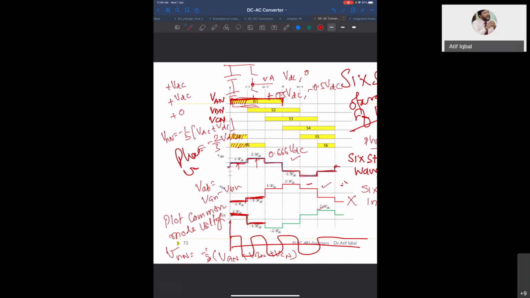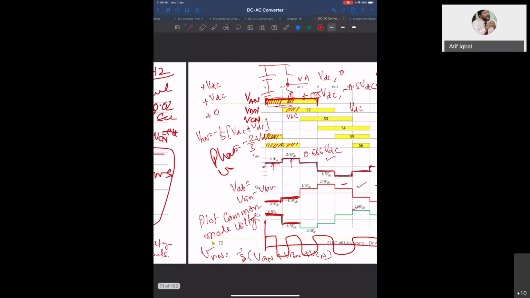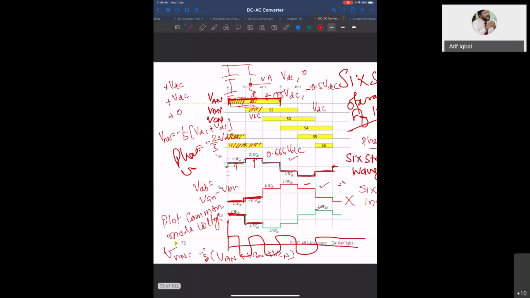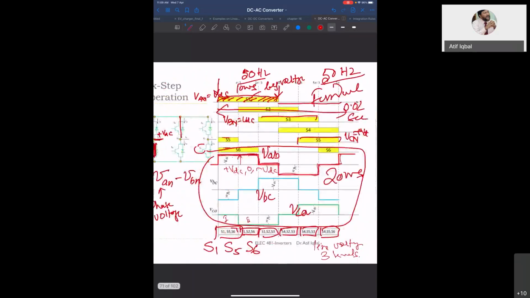Next, you look at mode 2. In mode 2, VAN is again VDC, and VBN is again VDC. S2 is here, so this is 0 and S6 is 0.